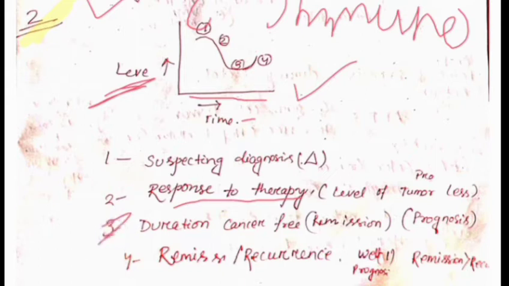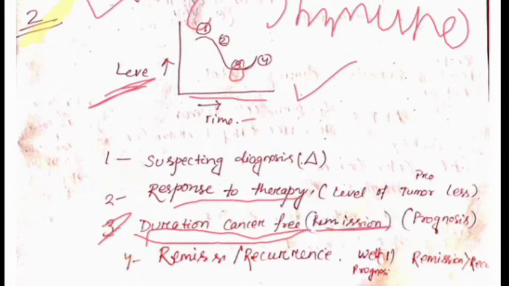Then in the third point, it is constant. Here you can see after a duration of cancer free, the level decreases and becomes a constant straight line, which represents that in that period the cancer marker is low or not present, so the tumor rate is low or free. That is the remission period.